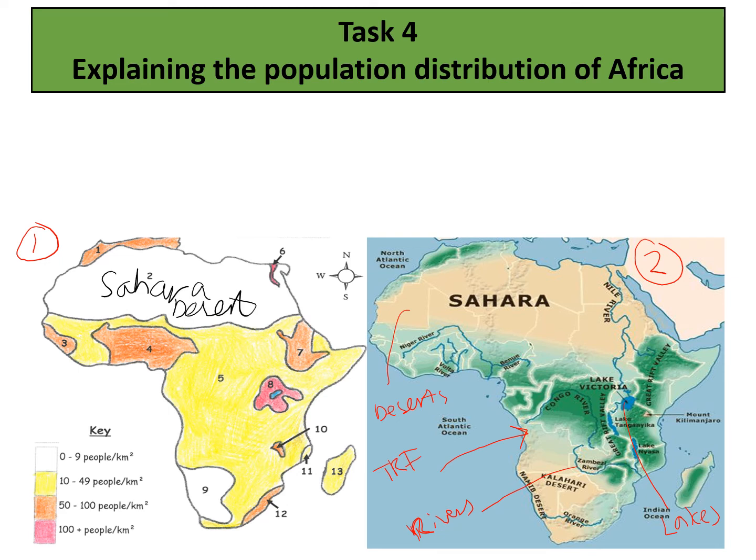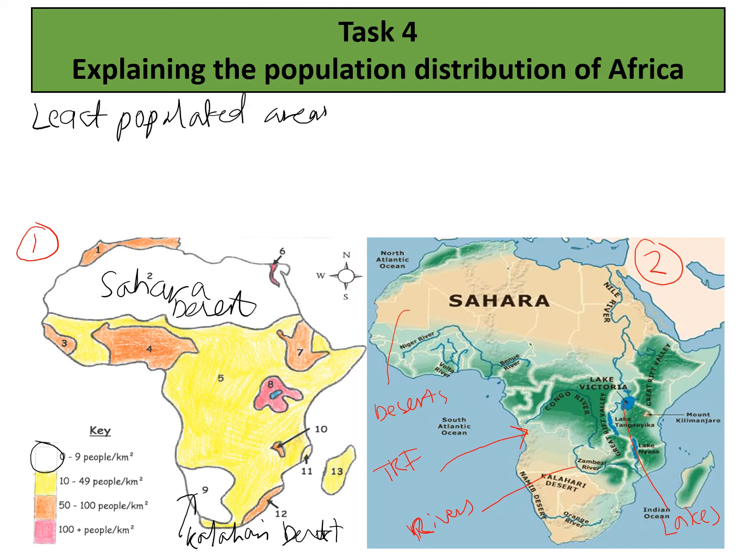And similarly, this area here, number 9, this is where we find the Kalahari Desert. And these are both places that have the lowest population density. So we could say something about the fact that the least populated areas are found in the deserts.